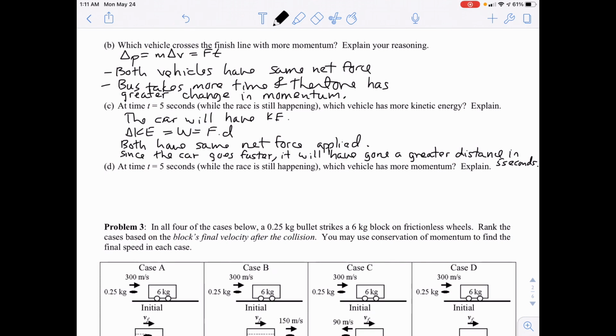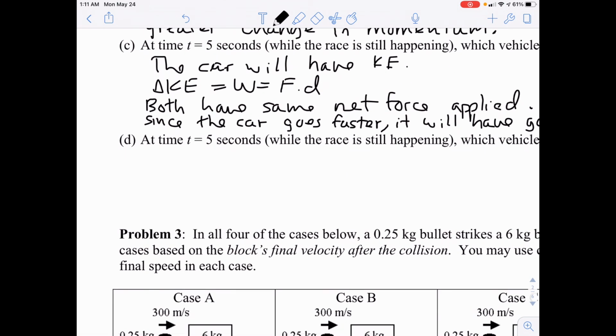Now, what about, let's see, at time t equals 5, while the race is happening, which vehicle has more momentum? So again, we're looking at the change in momentum or the impulse.